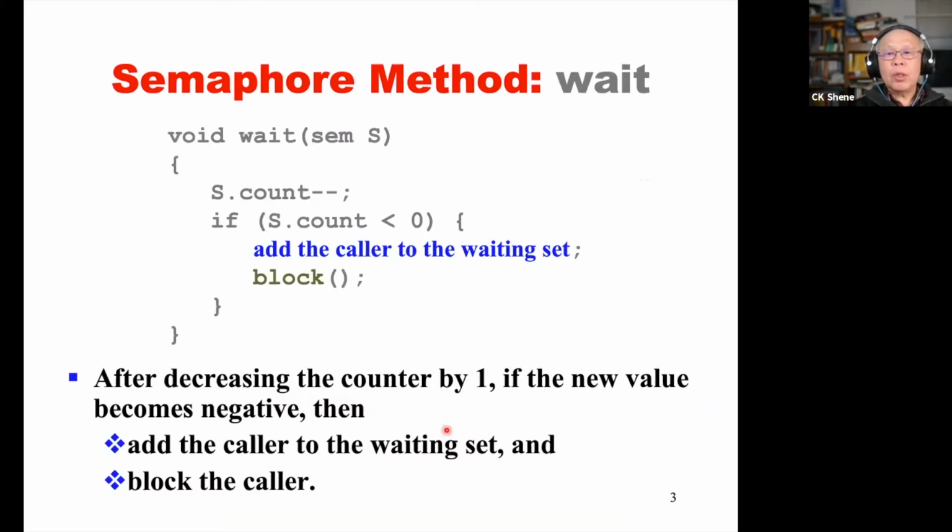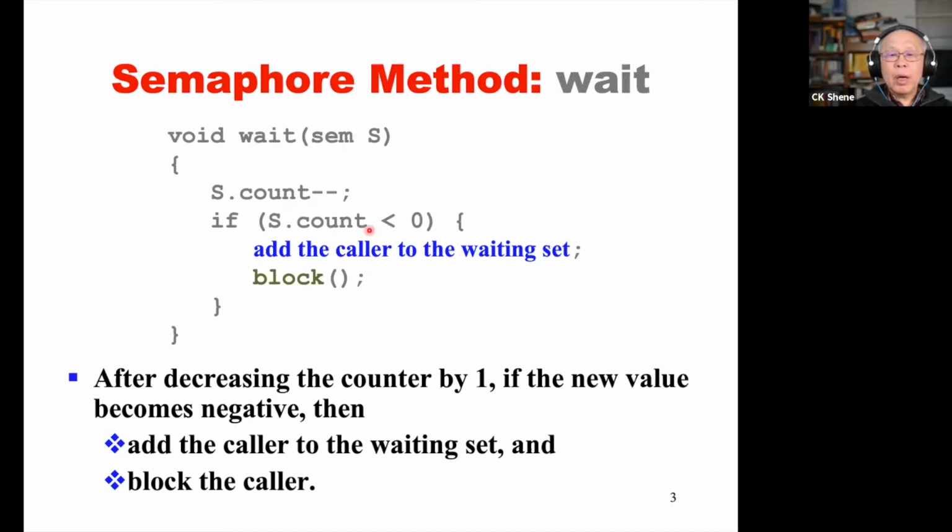So the definition of the semaphore method wait is rather simple. Wait, in general, does not return anything. It takes a semaphore as its argument. If you write a semaphore as a class, it's going to be s dot wait. The first thing in the wait method is to subtract 1 from the counter. And then we test the new value of the counter.